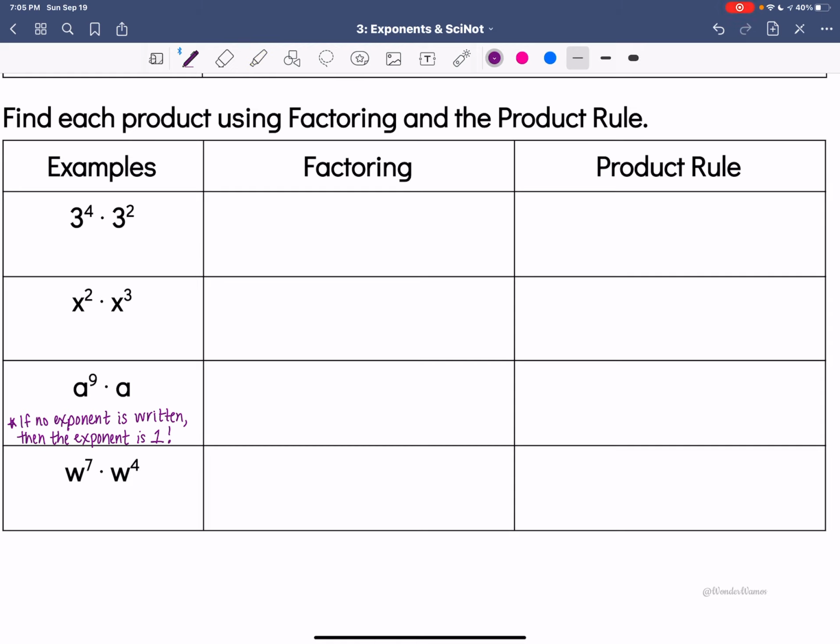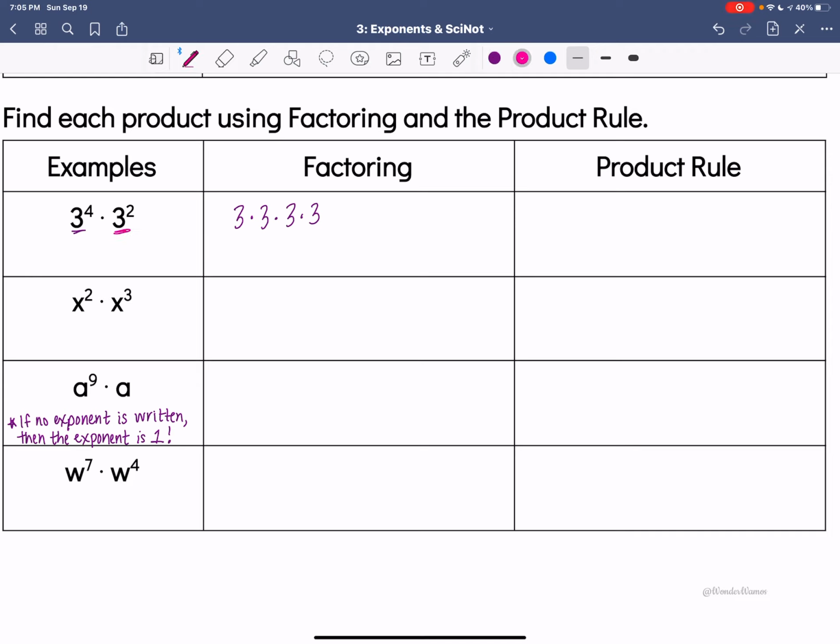So let's get started. For factoring, we have 3 to the 4th and 3 squared. I'm going to take this first one and make it purple. This just means you're writing 3 four times, and remember, we are multiplying, so it's 3 times 3 times 3 times 3. Then we take the other one, and I'll make this one pink.